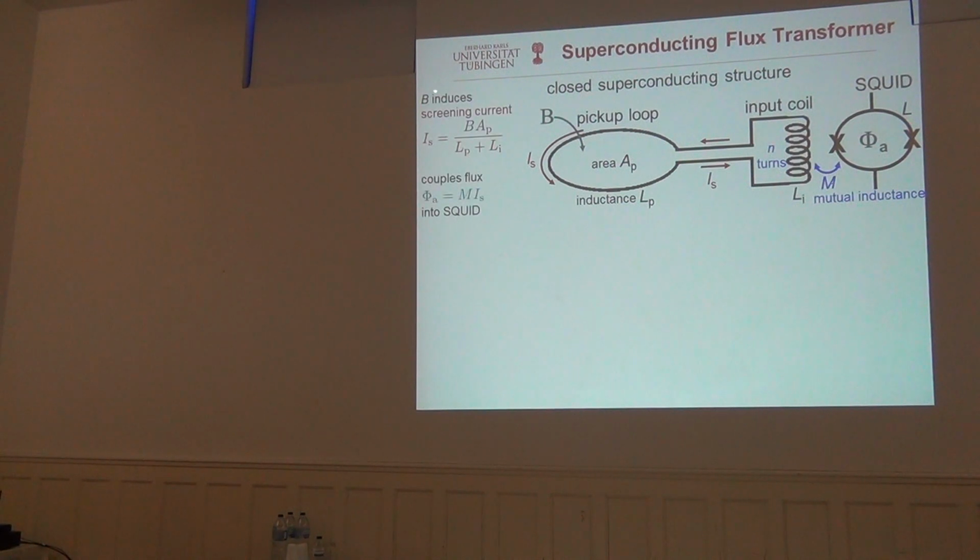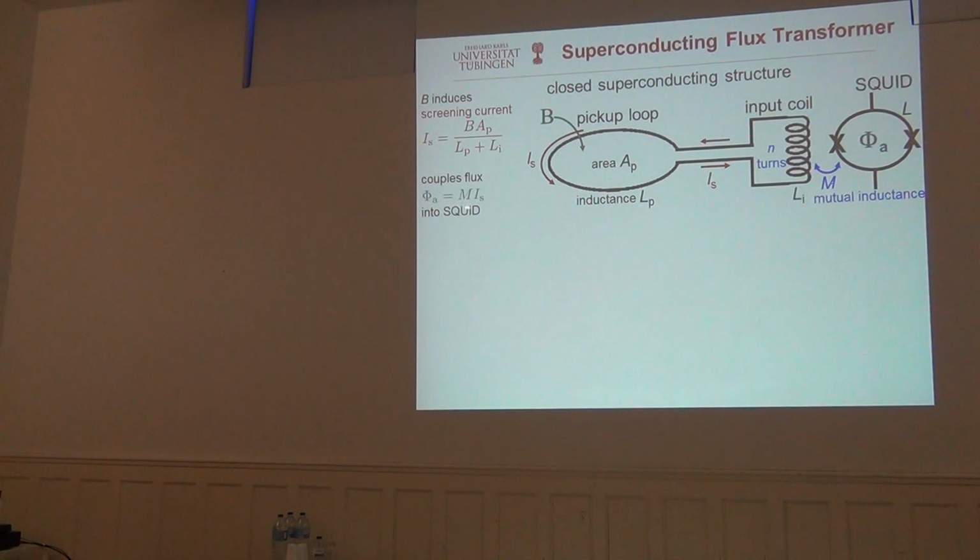And now if you apply a magnetic field, it induces a screening current I_S, which is just the flux, B times the loop area divided by the total inductance, L_P plus L_I, and this flows through the input coil, which can be a multi-turn input coil, to efficiently couple flux into the SQUID.